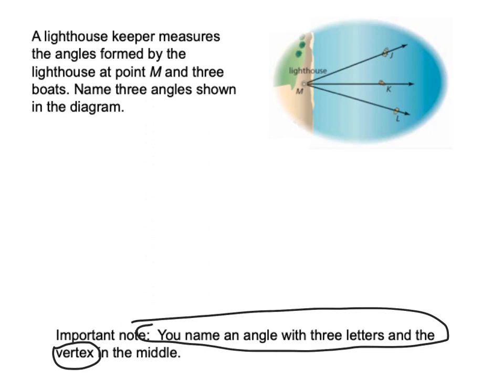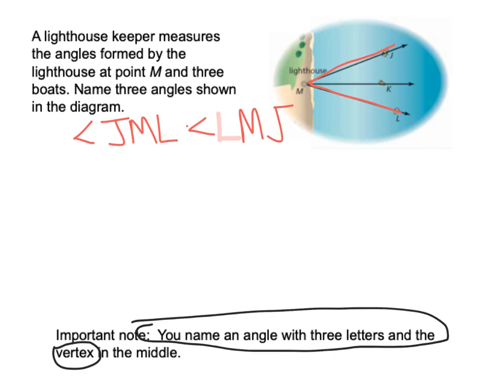If we look, one angle we can name is the big angle itself, angle JML. We name angles with the little angle symbol in front, JML. We also could have called this angle LMJ.